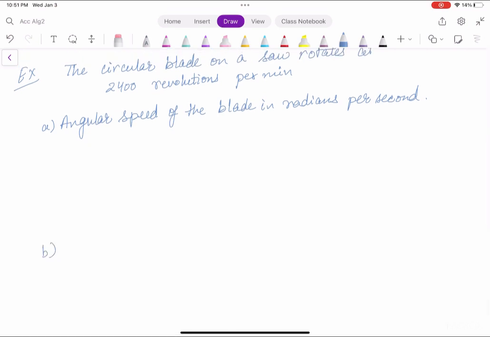And the second part: it is given that the blade's diameter is 8 inches, and they want you to calculate the linear speed of a blade tip.